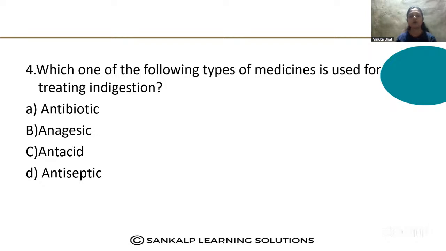Which one of the following types of medicines is used for treating indigestion? Indigestion or irritation in the stomach that is due to the acid. Option A, antibiotic. Option B, analgesic. Option C, antacid. Option D, antiseptic. Which one is the correct answer? For indigestion, don't say Eno.